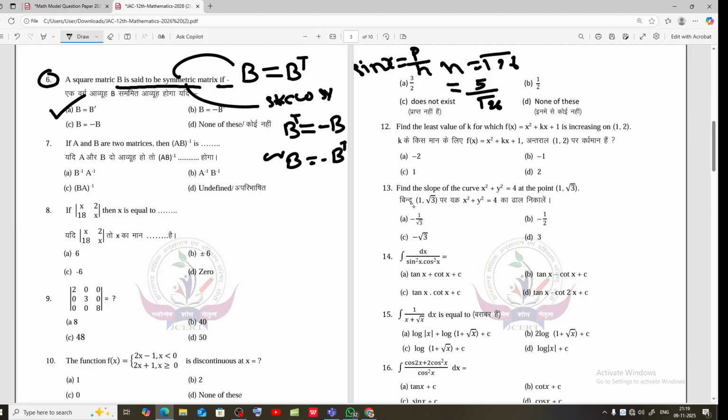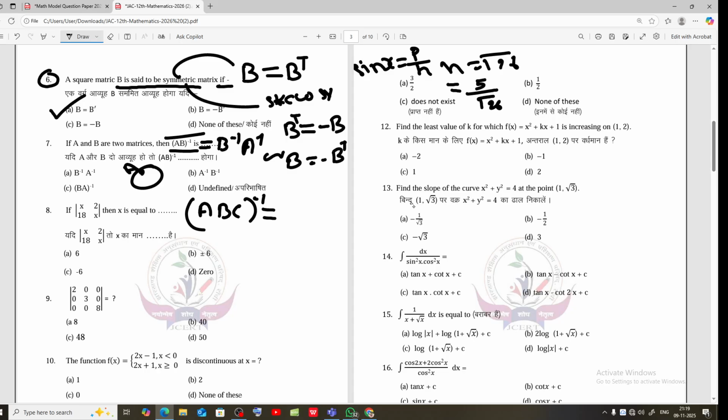If A and B are two matrices, then the inverse of AB can be written as B inverse A inverse. Similarly, the inverse of ABC equals C inverse B inverse A inverse, in reverse order.